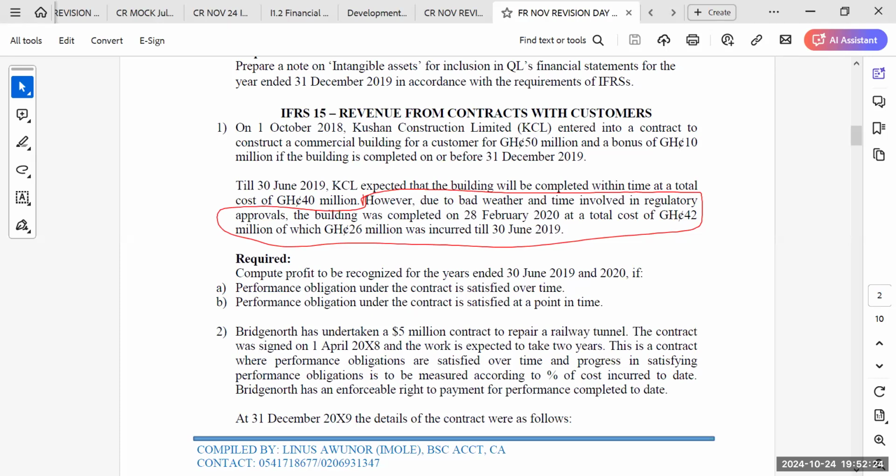So if you know that the uncertainty surrounding the bonus or the variable consideration, after it has been settled, will cause a significant reversal in the transaction price, please don't recognize that. So if you recognize the bonus, you still have to reverse it because you are not going to get the bonus. So just take it out. So I hope you're okay now.